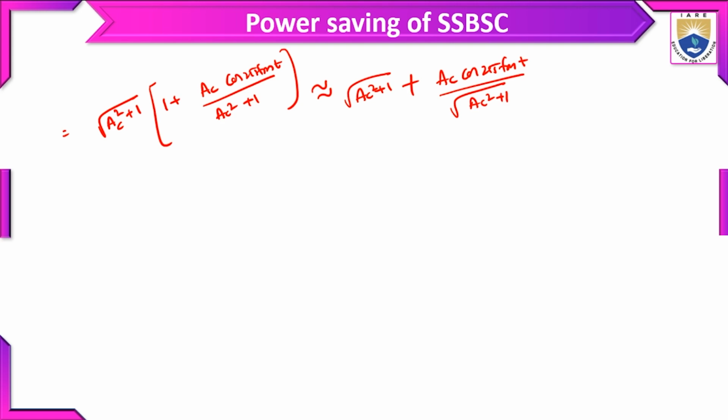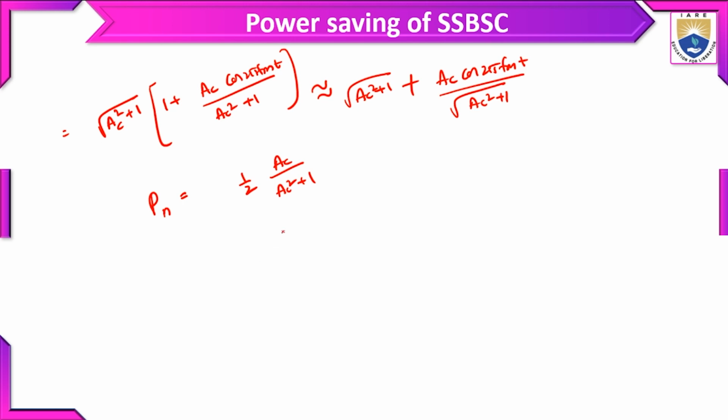So here, neglecting the DC component. The problem says to neglect the DC component. So on neglecting the DC component, the normalized power is equal to 1 by 2 AC divided by AC square plus 1. So this is the normalized power. But this normalized power is equated with the depth of modulation or modulation index, whatever it may be.